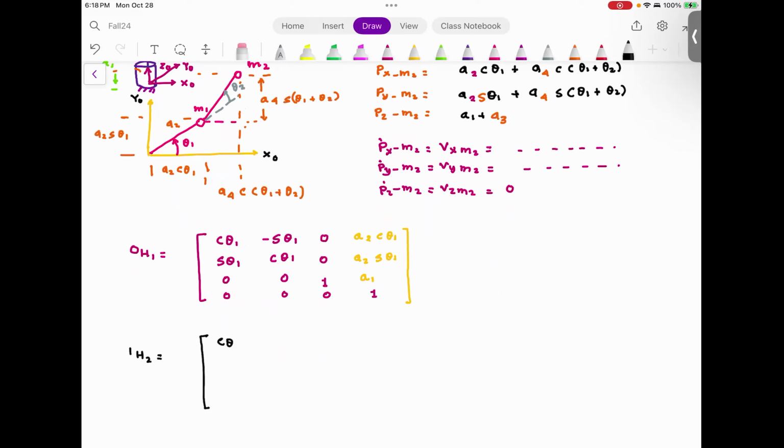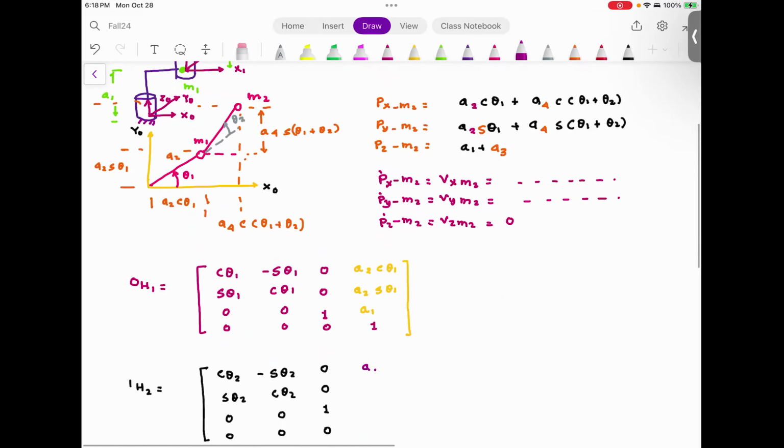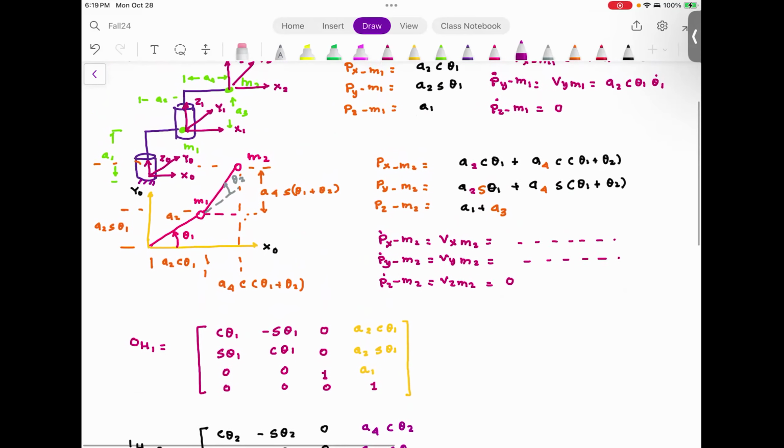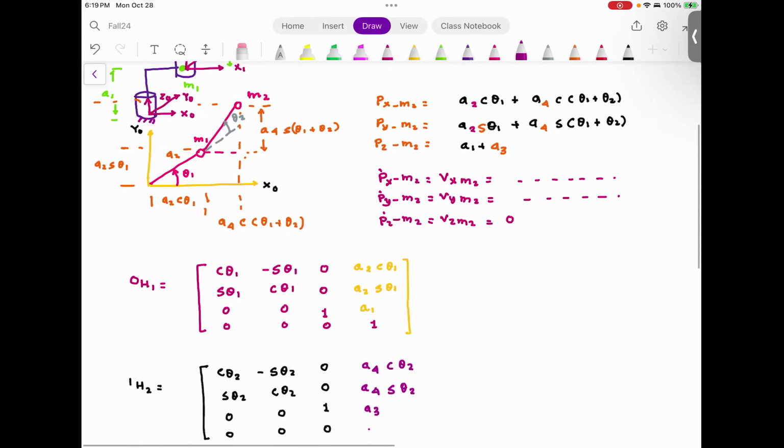So this is going to become cosine theta 2, minus sine theta 2, 0, sine theta 2, cosine theta 2, 0, 0, 0, 1, 0, 0, 0, and this is going to become, does anyone remember? A4 times cosine of theta 1 plus theta 2 plus A4 cosine theta 2, and then this becomes A3.